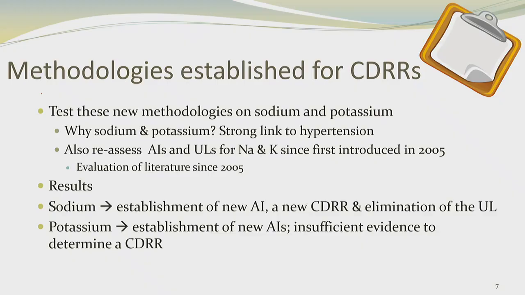Okay, so important things to remember from this slide is that we only have a CDRR for sodium, and also the review of the literature led to the establishment of a new AI. However, we do not have a UL for sodium, right? And here we had insufficient evidence to establish one for potassium.